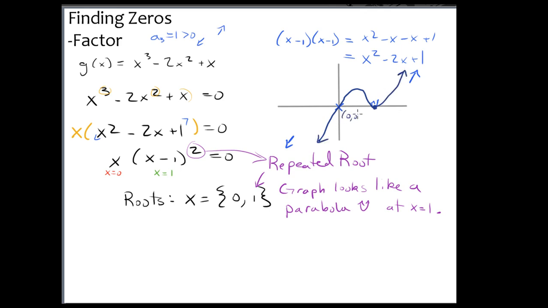And this is the point 0, 0, and this is the point 1, 0. I might find g of 1/2 just to try and get an idea of what it is. That might be helpful. And that would be a pretty decent sketch of this polynomial.